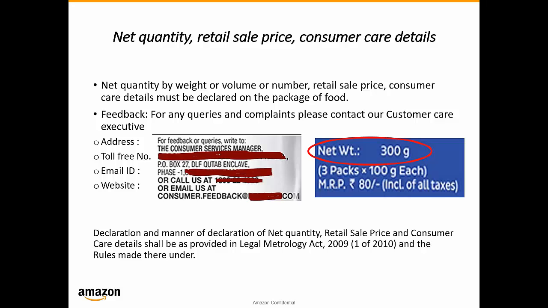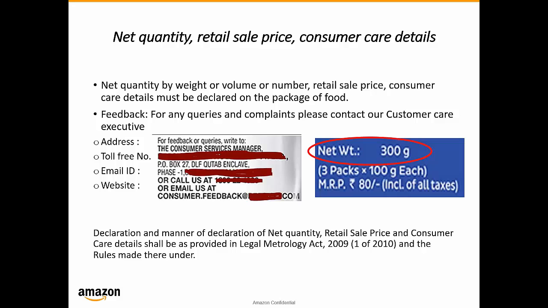Because if a manufacturer makes a product and later realizes that the product has some defect which should not go to the consumer, then traceability helps them identify it. Or otherwise, if I'm a consumer and I want to claim that this product is not good for my health, then I should have an address, toll-free number or email ID where I can message them that something is wrong with this product, and if they want to recall or look at other batches, they can do so.